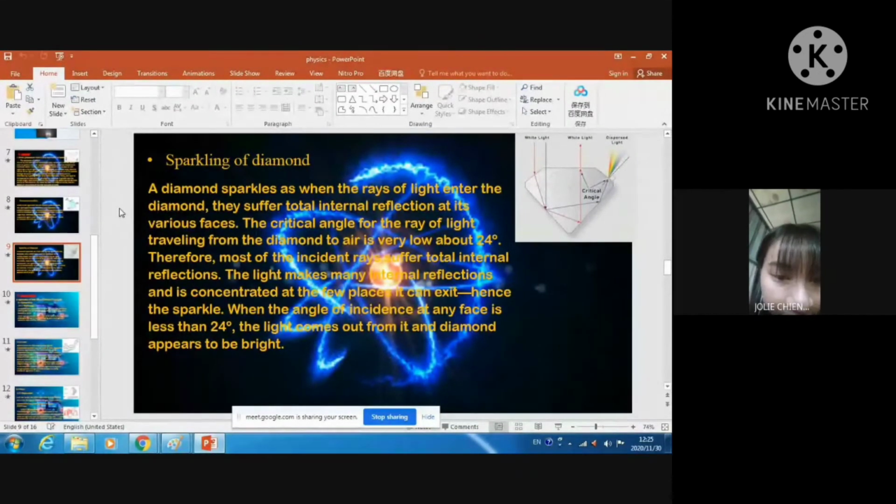Incident rays suffer total internal reflections. The light makes many internal reflections and is concentrated at the few places it can exit. Hence, the sparkle. When the angle at any face is less than the critical angle, the light comes out from it and the diamond appears to be bright.